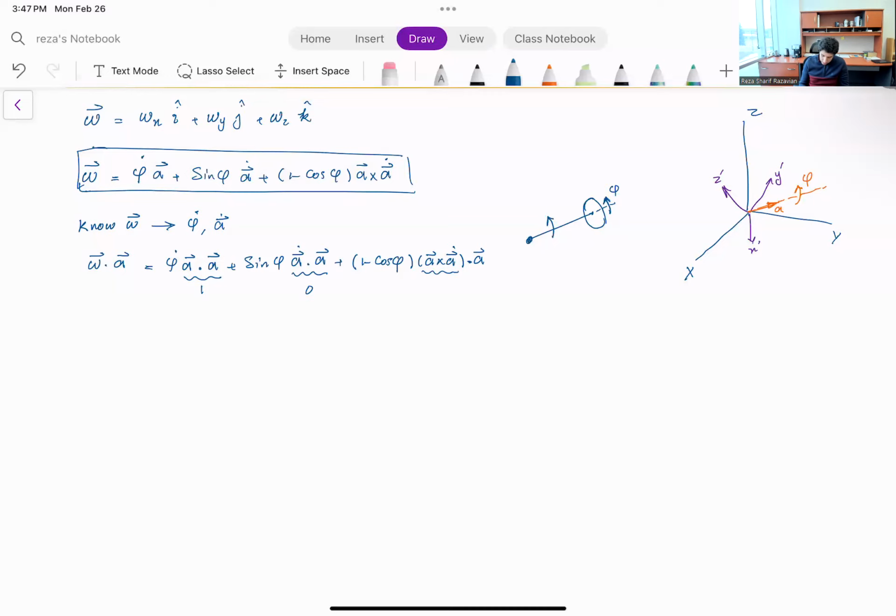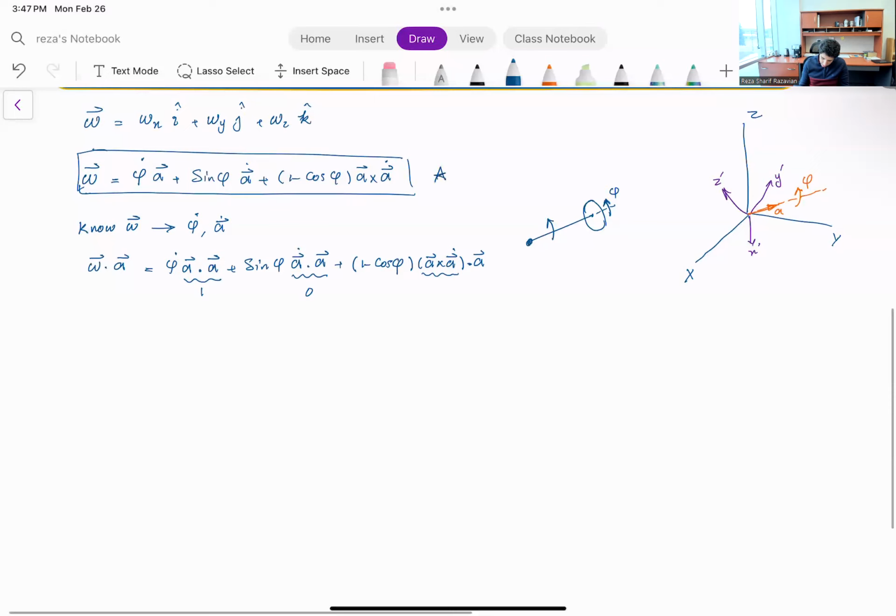So all three vectors are perpendicular to each other, so this one is also 0.